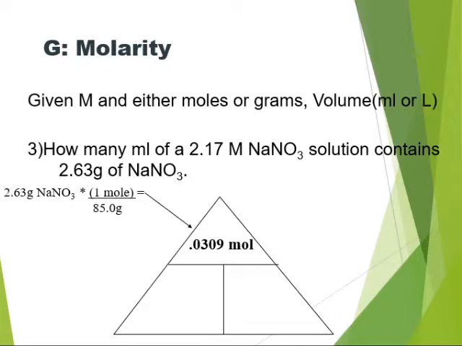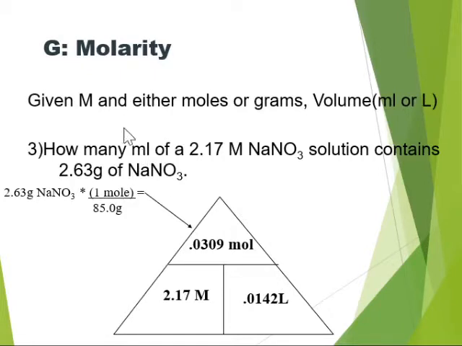Dividing 2.63 by 85 gives 0.0309 moles. The next thing I have is my molarity, which I can plug in, which is 2.17. Now I have these, so I'm going to look for my volume. Again, it tells us to divide 0.0309 divided by 2.17 gets you, at first, 0.0142 liters.